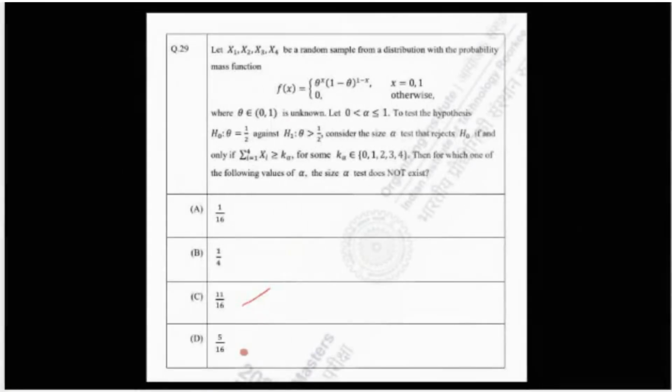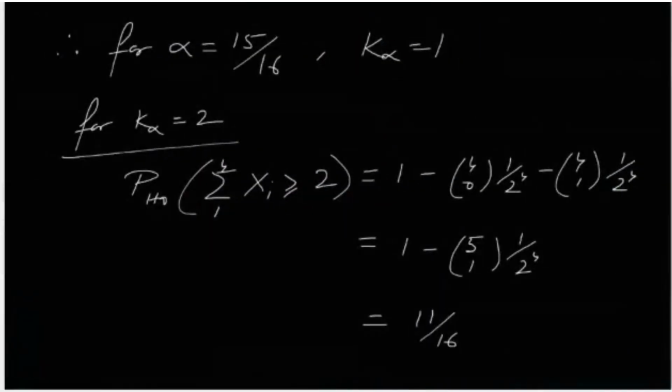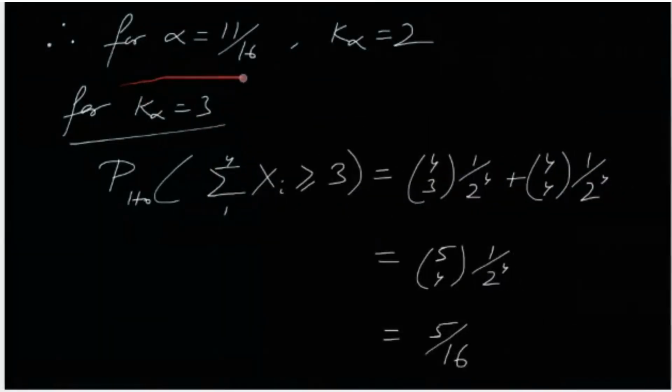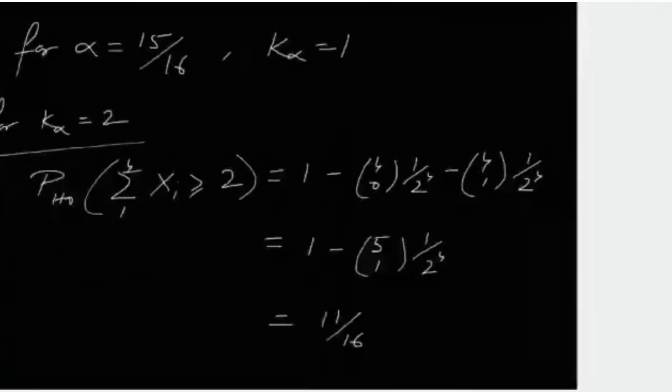Again, 11 by 16 and 5 by 16 are also possible, because for 11 by 16, k alpha should be 2, and for 5 by 16, k alpha should be 3. So all three values are possible.